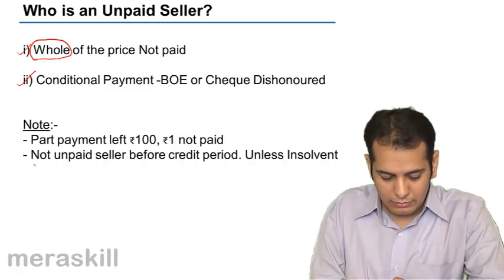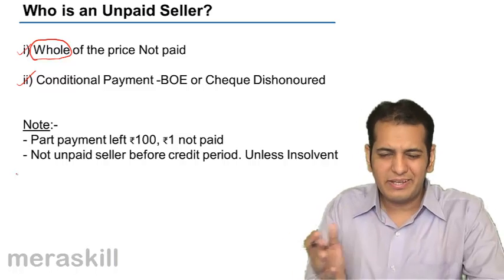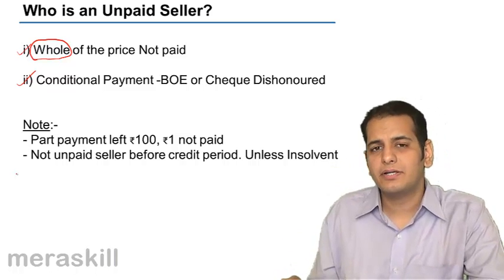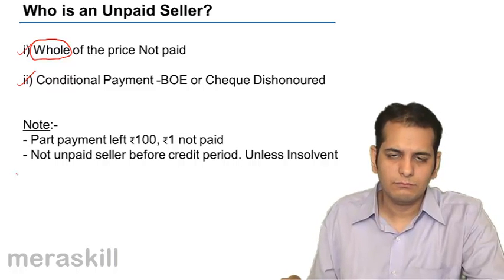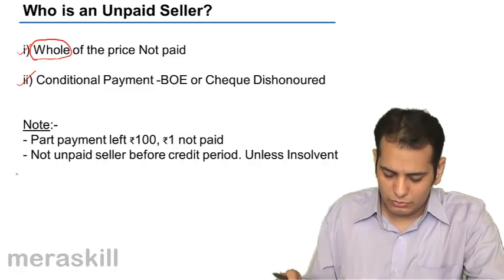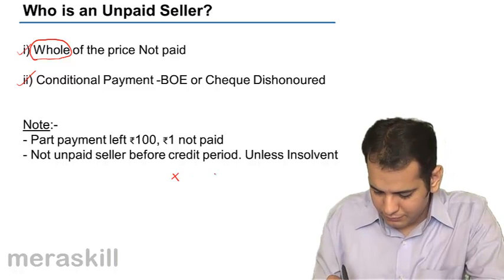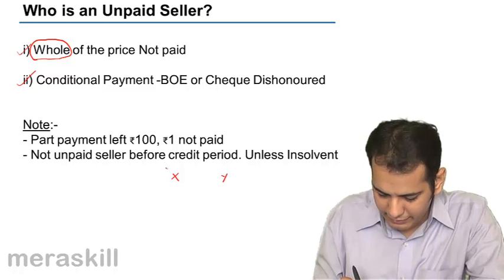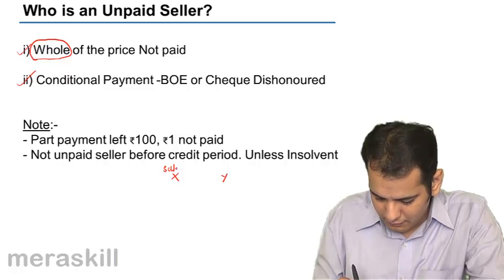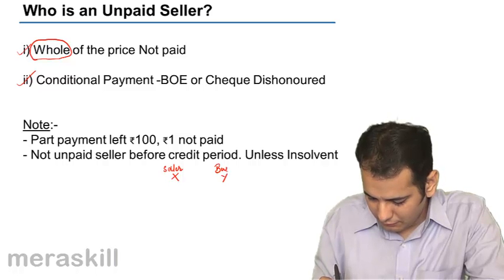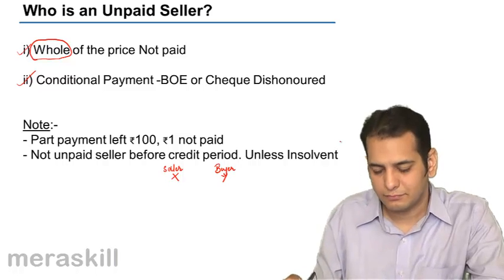And there may be a case wherein there is a credit period given. Let's consider X and Y. X is the seller and Y is the buyer.